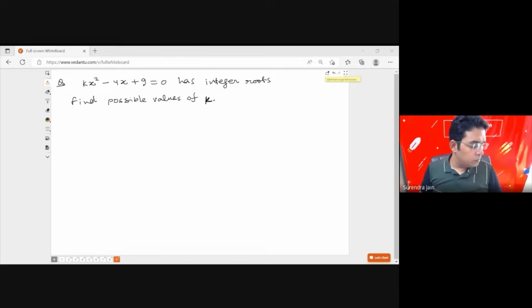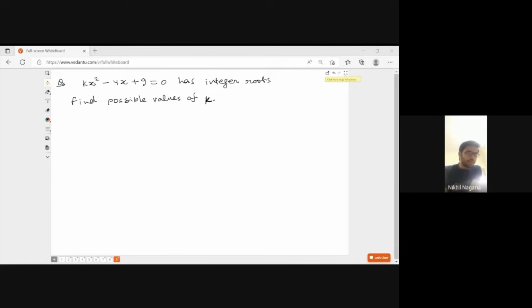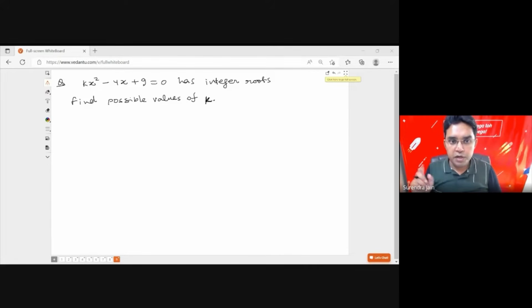First, I calculated the discriminant, which is 16 - 36k. If we want integral roots, this should be a perfect square. Are you thinking that k should be an integer? Because if k is not an integer, it is still possible that this equation has integer roots.